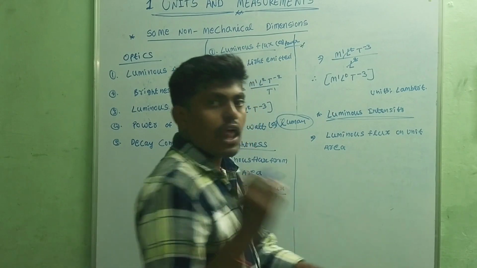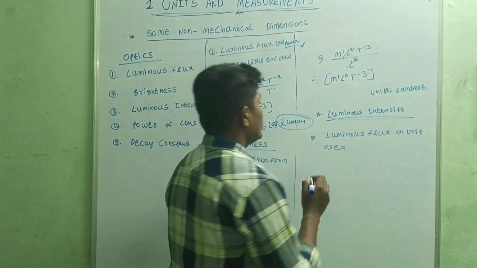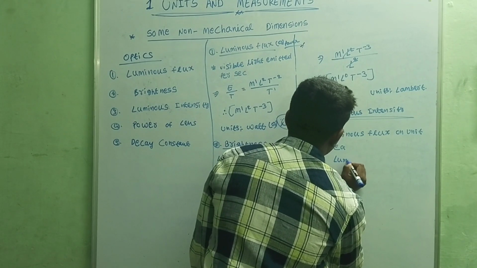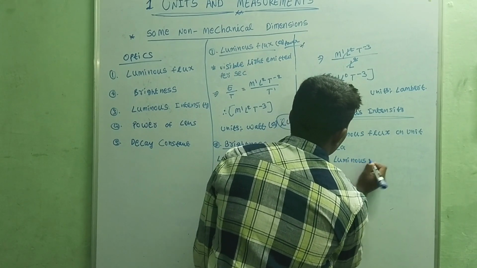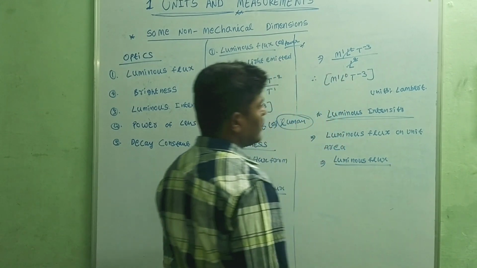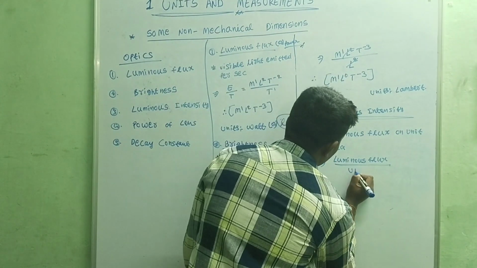So simply you can write it as luminous flux by unit area.